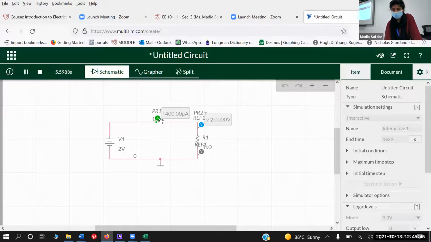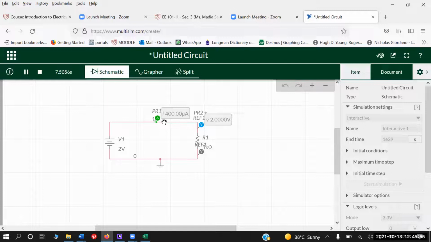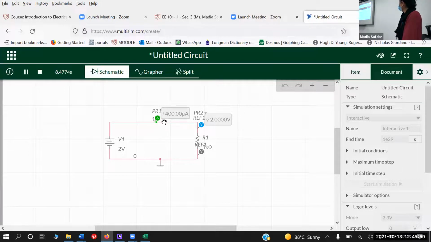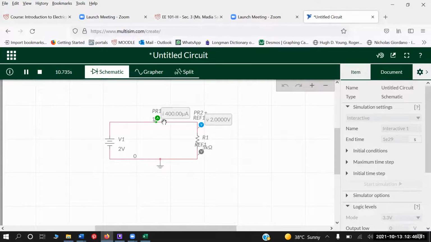This is almost 0.4 milliampere. If you shift the decimal 2 places towards the left, then the -3 will be cancelled from micro. You will be left with milliampere. 0.4 milliampere. Right? Okay. Doctor, can I now open my camera?